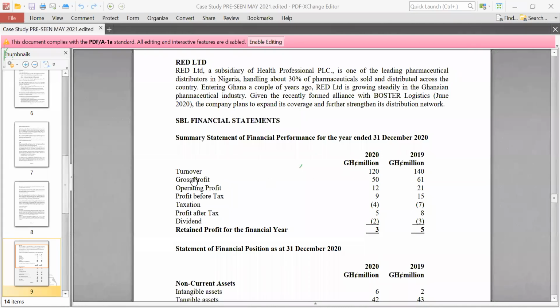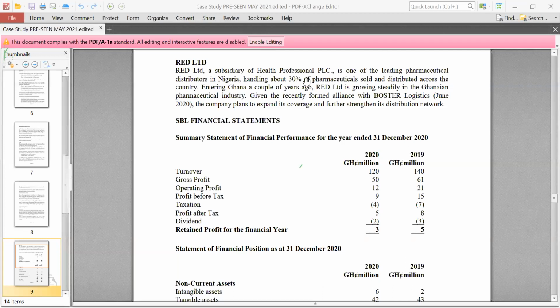Now we move on to operating profit. Okay, how do we arrive at operating profit? The operating profit: you deduct operating expenses from the gross profit.